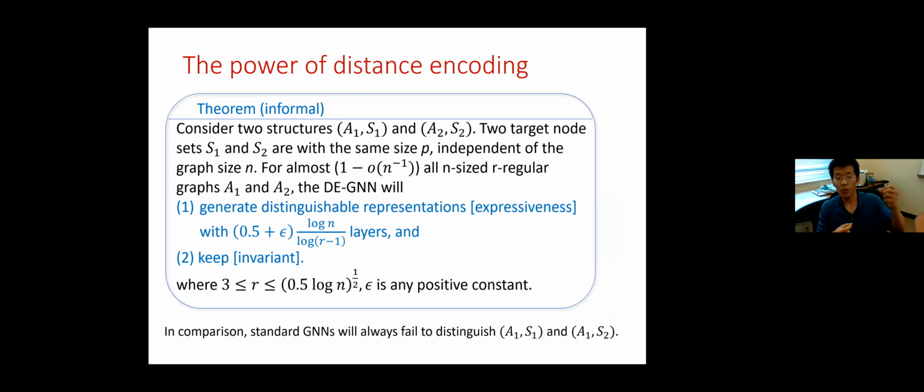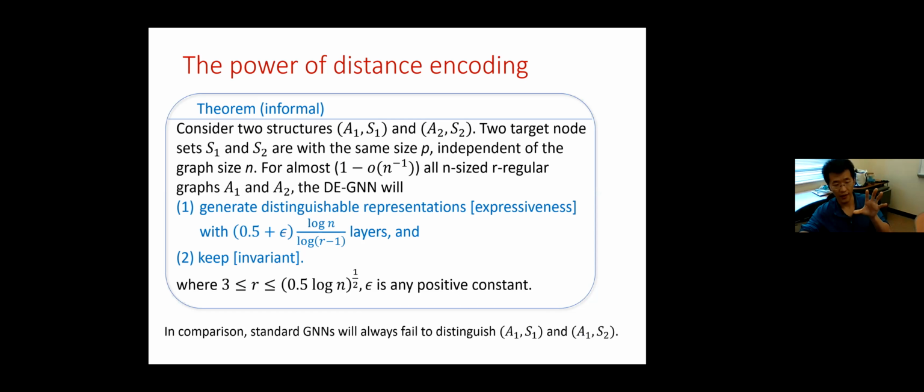We can prove that for two structures, if the target node set is of constant size, then for almost all n-sized r-regular graphs, this DE-GNN is able to distinguish these two structures within about 0.5 times log n over log r layers.